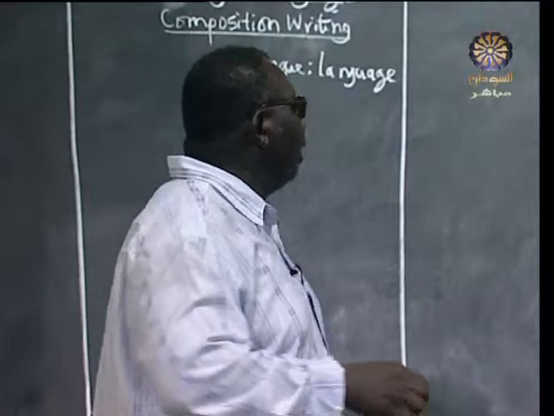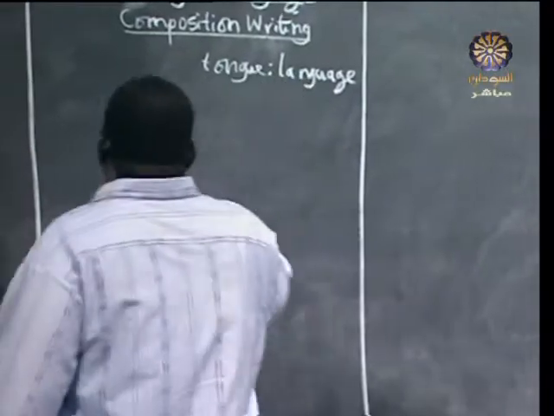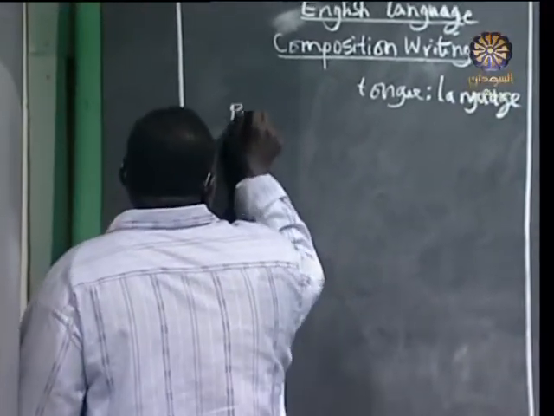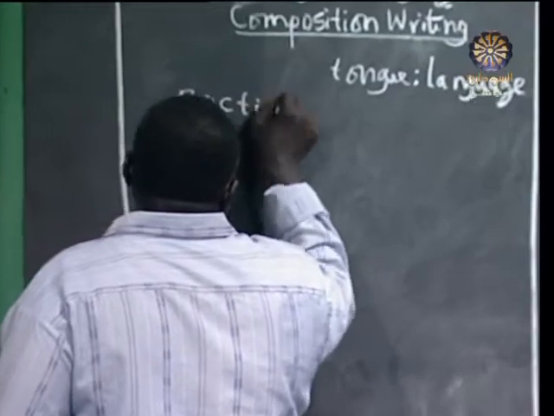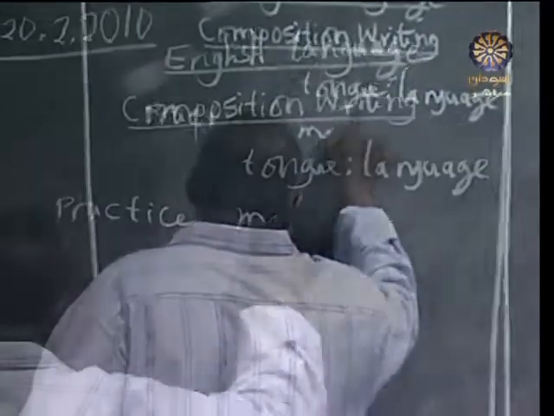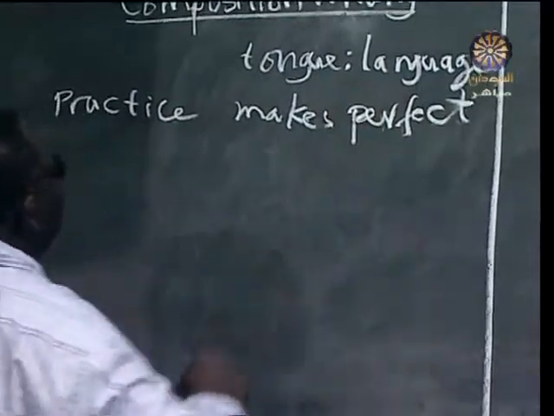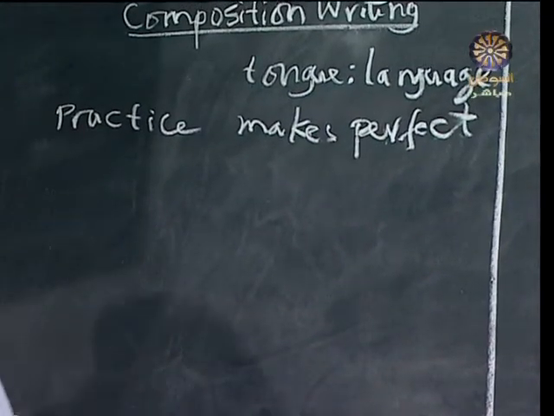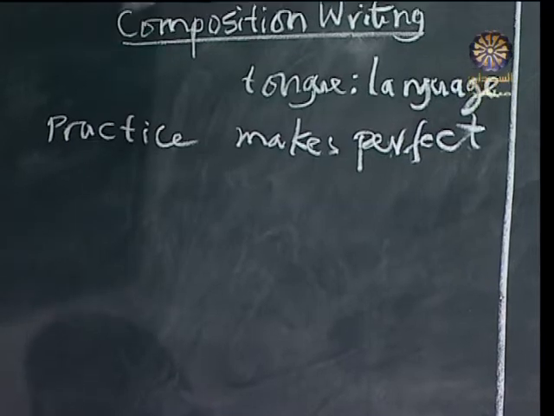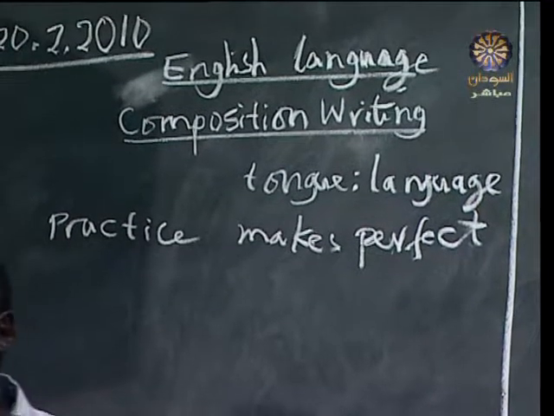And you remember, we have a proverb or wisdom which says, "Practice makes perfect." That means if I want to be a good composition writer, I must practice writing again and again. I must not be afraid of making mistakes.